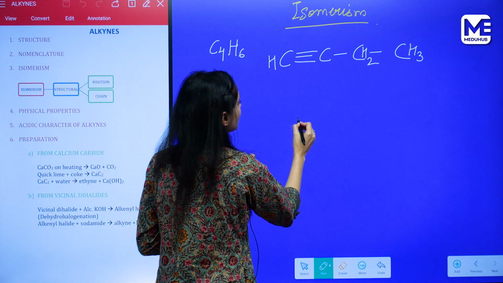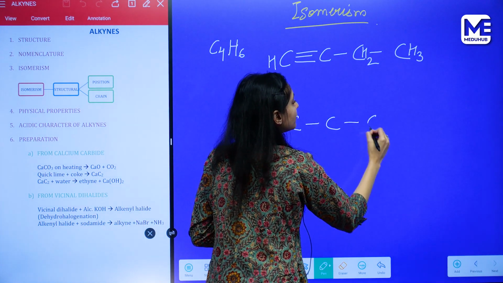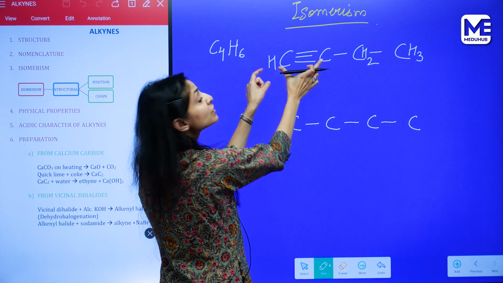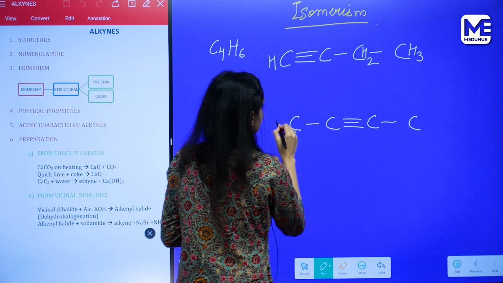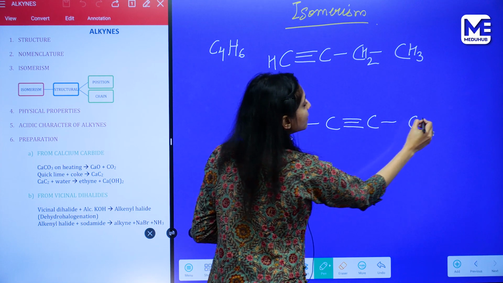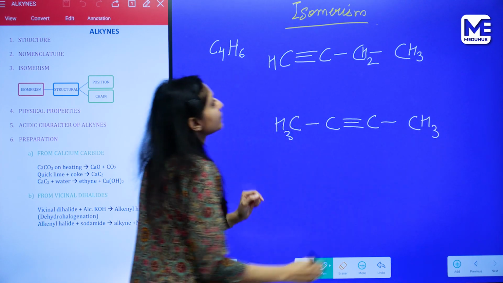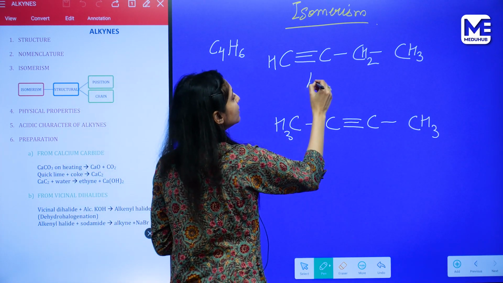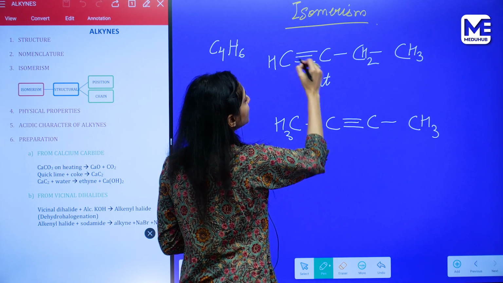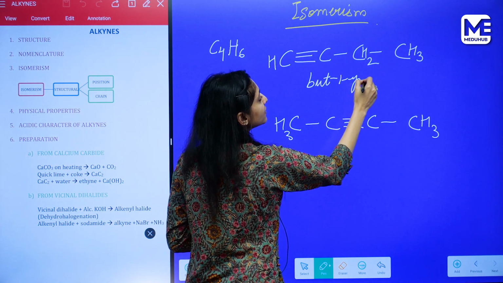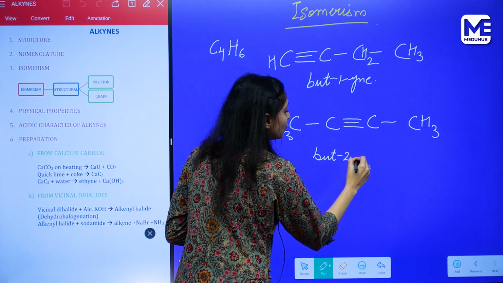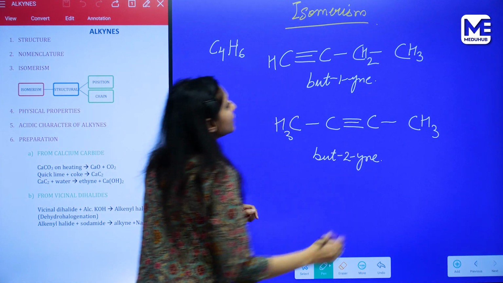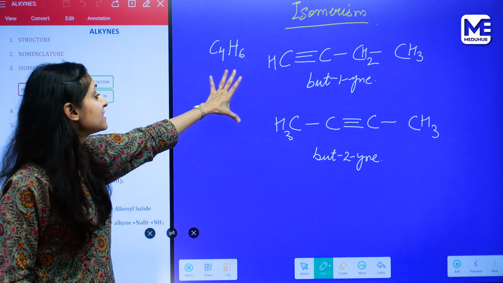Or we can draw another structure. 4 carbons. The triple bond is not between the first and the second carbon. The triple bond is here. CH3, CH3. This is called but-1-yne and this one is called but-2-yne.